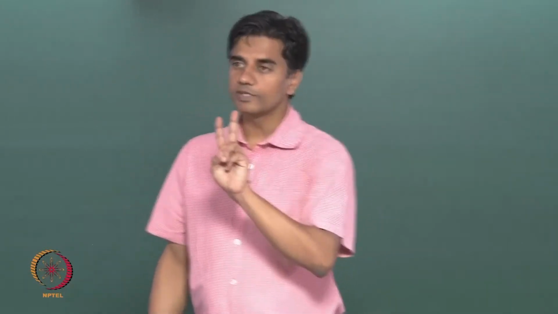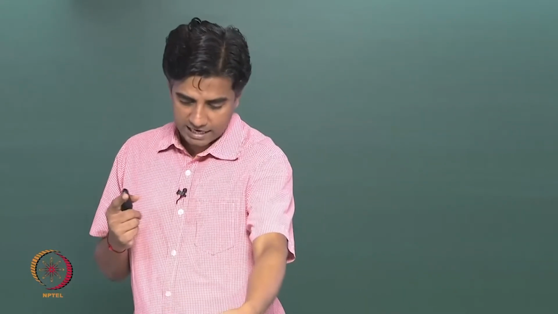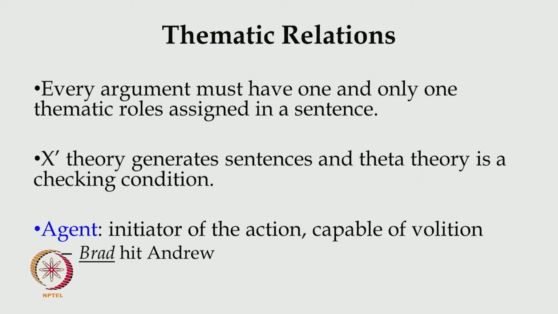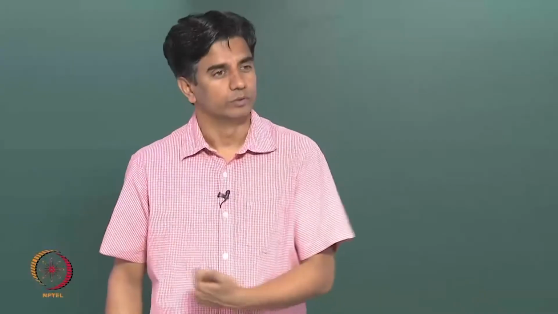So there are two arguments. What the first statement simply means is one and only one role has to be assigned to arguments in a sentence. If there are two arguments, both of them will have one and only one role. Both of them will not have the same role.